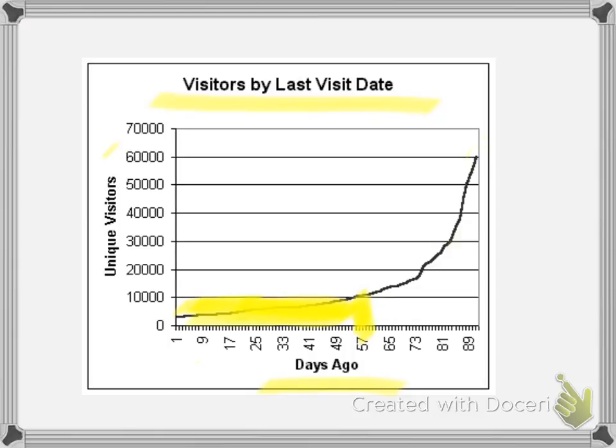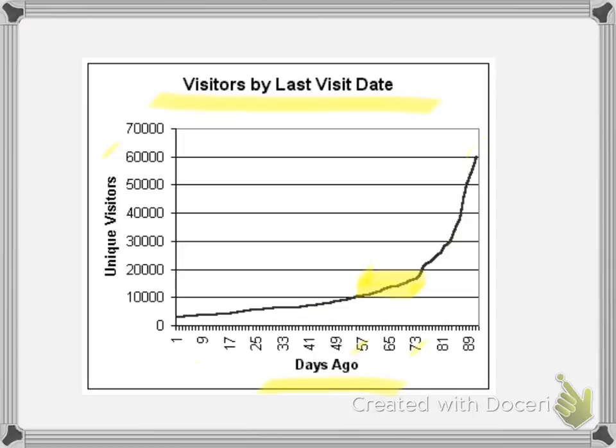And then we look after day 57, and we're here in the 20,000 range for about that amount of time, from 57 to 73.